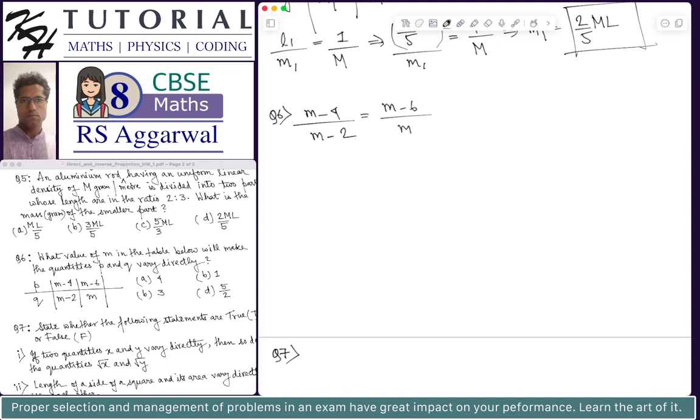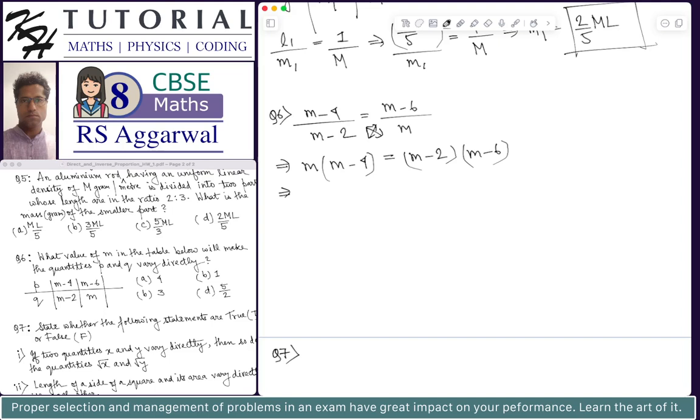Now you have to solve this, even though this equation apparently does not look like a linear equation, since if you do cross multiplication you will get m square. But this is an equation which is reducible to a linear equation, because the m square will get cancelled out from both sides. So to solve this kind of equation, we apply cross multiplication and we get m multiplied by (m minus 4) is equal to (m minus 2) multiplied by (m minus 6).